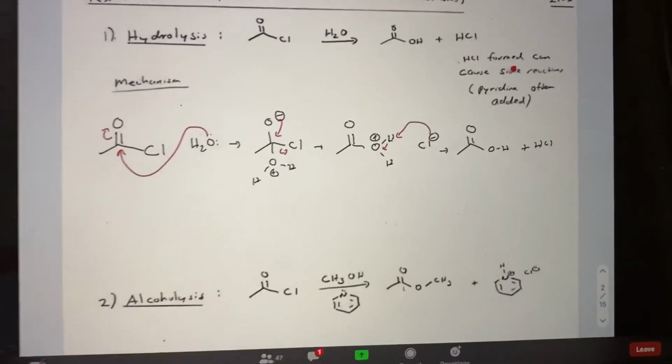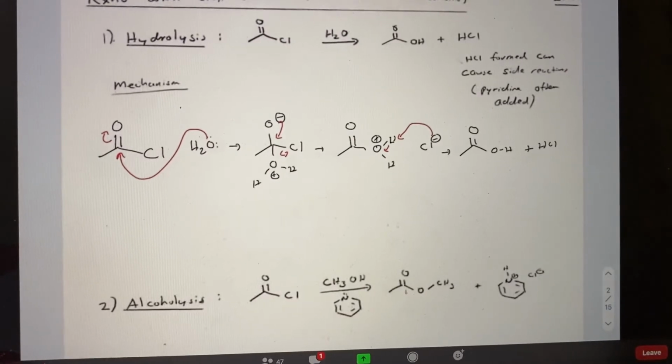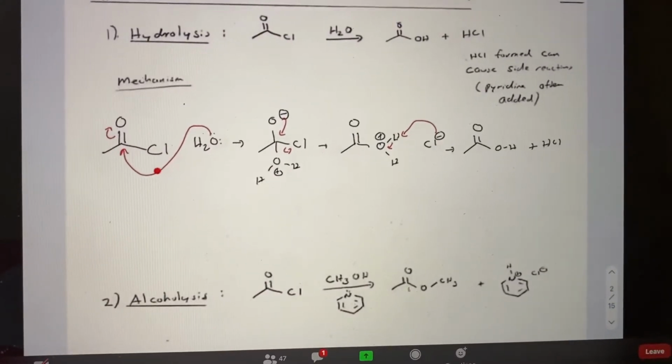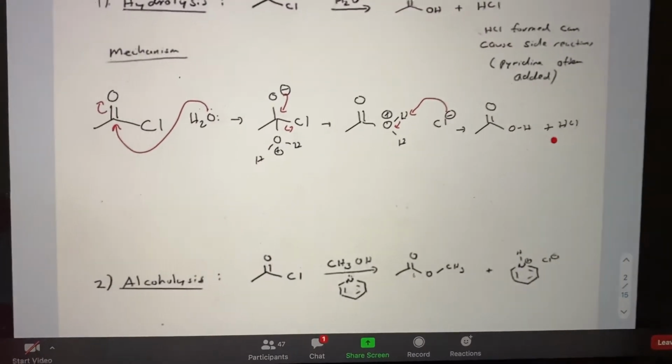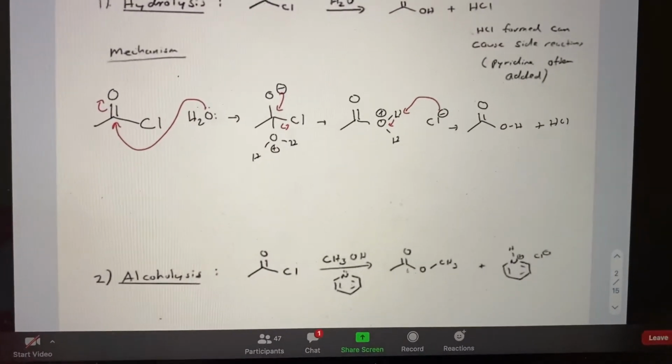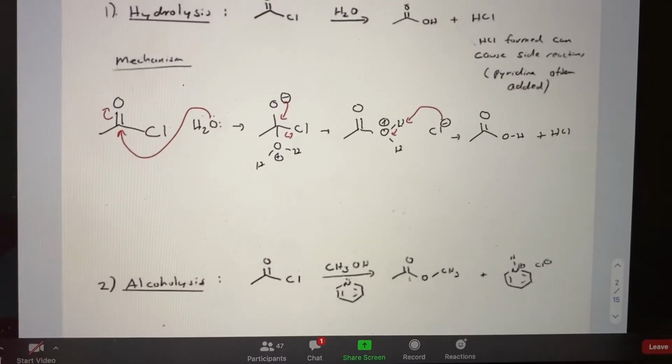Now, as I scribbled up here, a lot of times you're worried about this reaction actually happening because you want to preserve your acyl chloride. And forming HCl can actually cause some problems. If you have a compound that has something that's sensitive to acid, you're forming a strong acid. So a lot of times, pyridine is added.